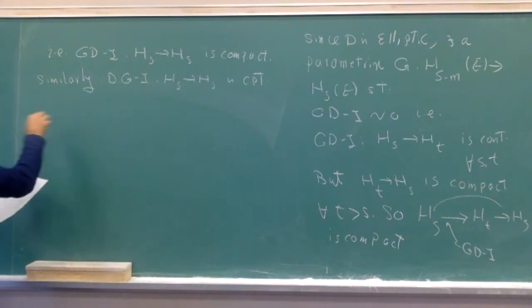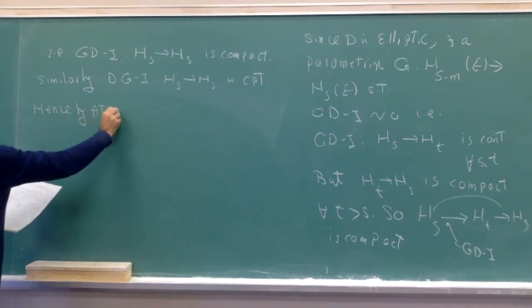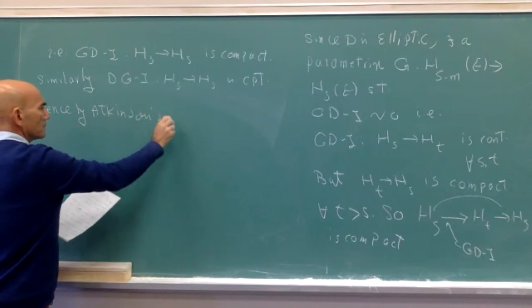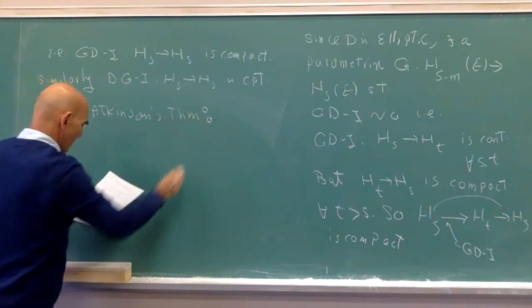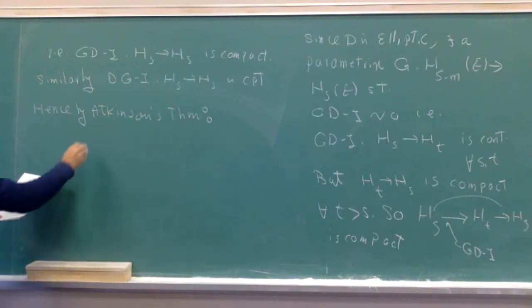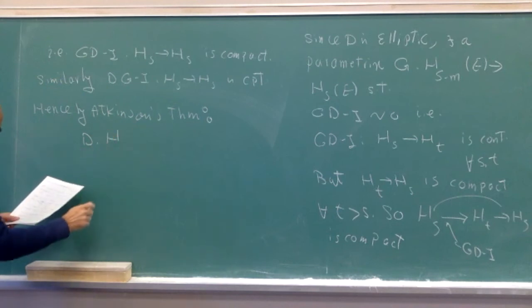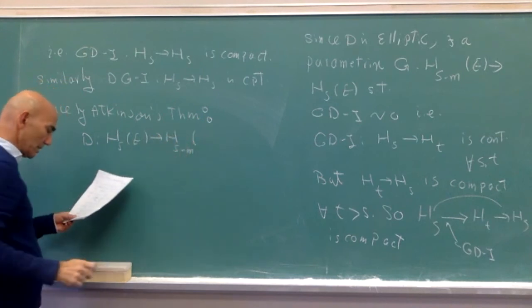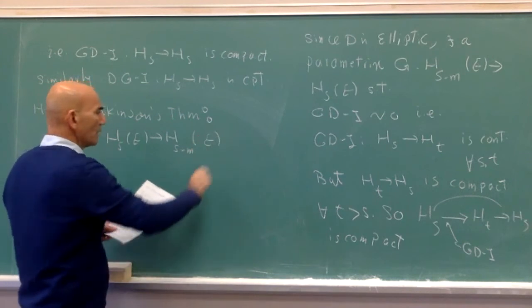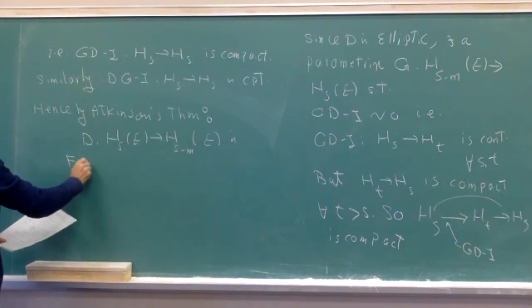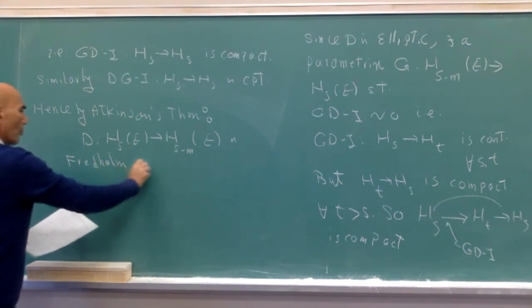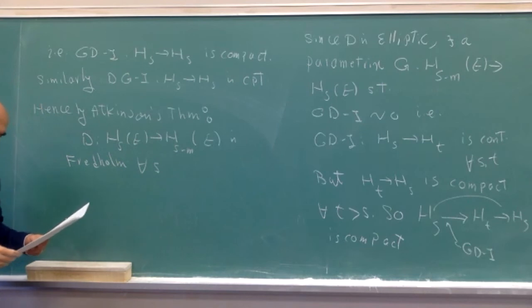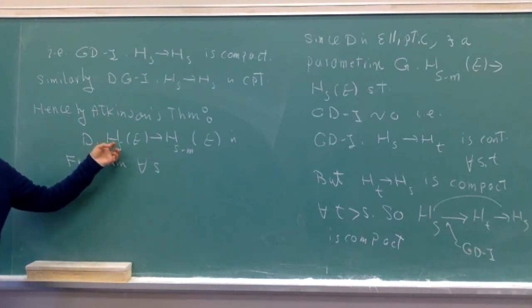So, hence by Atkinson, the map D from HS to HS minus M is Fredholm for all S. And that's what you said, Luke, because you said the result perhaps works for all S. Indeed, it works.